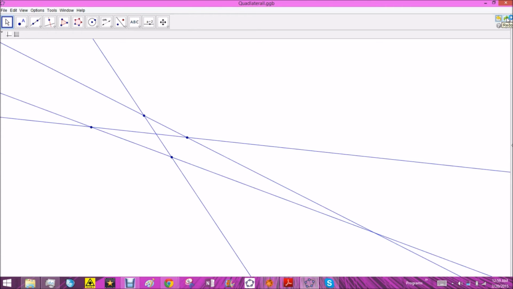And so we're going to use this quadrilateral to make something which has more of these nice harmonic properties. In particular, we're going to make a harmonic pencil. And we're going to see how that comes about quite naturally, just by looking at these different points which get defined by this quadrilateral.